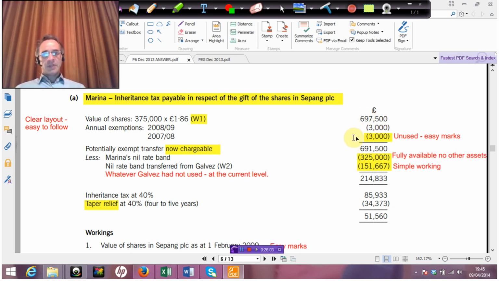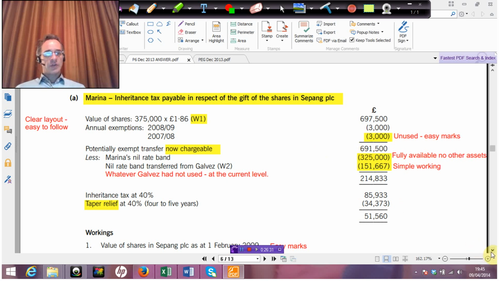And then these bits here, here's some easy marks for us, because the question specifically said that there were no other lifetime gifts for Marina. So what we should have been able to pick up from that is that there must be 2 lots of 3 as the AE. We knew that no other reliefs were relevant. Therefore, the value of the pet was simply the calculation based on the quarter-up rule, less 2 lots of 3 equals 691. Okay.